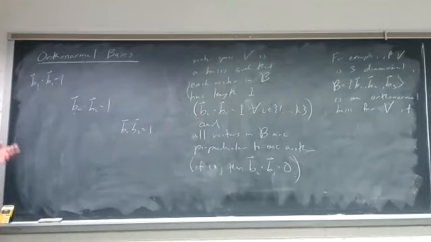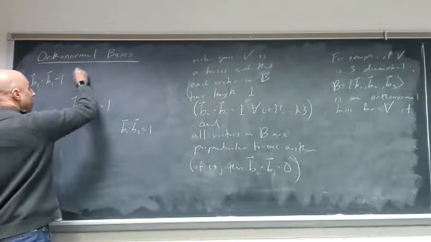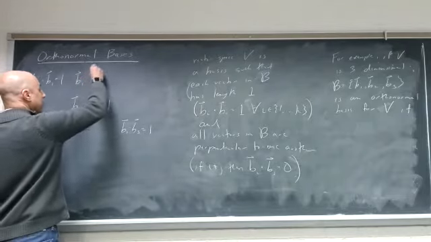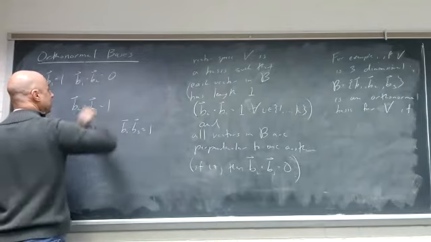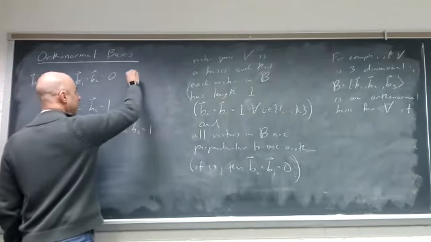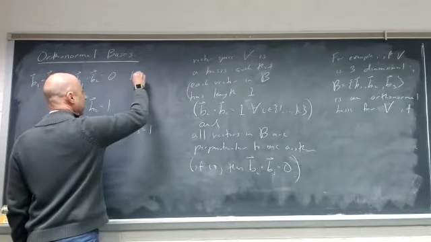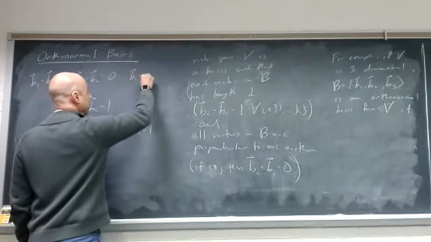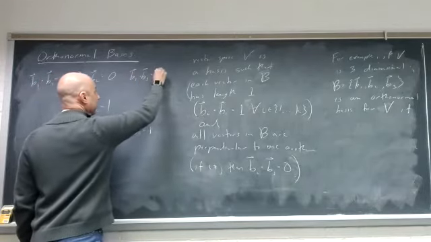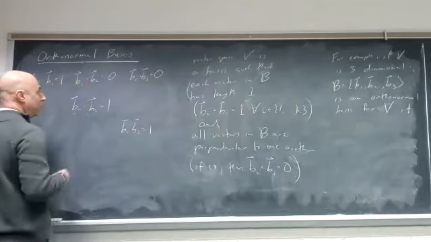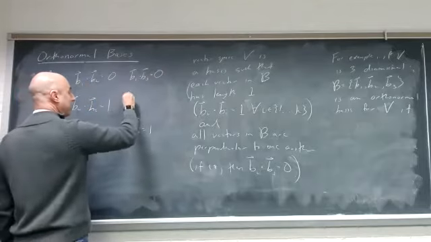And we want the dot product of B1 and B2 to be 0. We want them to be perpendicular. B1 dot B2 is 0. We want B1 and B3 to be perpendicular. B1 dot B3 equals 0. And we want B2 and B3 to be perpendicular.